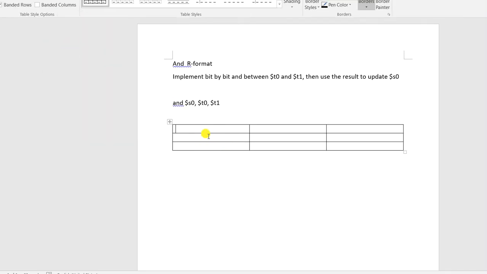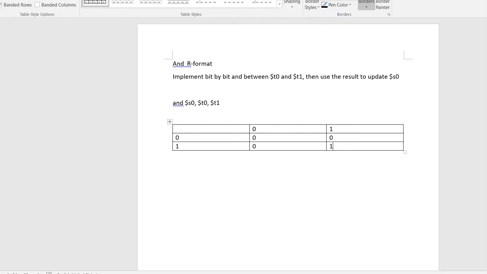Assume T0 can be 0 or 1, and T1 can be 0 or 1. So what is the truth table? For 0, 0, the corresponding bit of S0 will be 0. For 0, 1, it is 0. For 1, 0, it is 0. For 1, 1, it is 1. So only when both source operand bits are 1 will the corresponding result be 1. All the others will be 0.